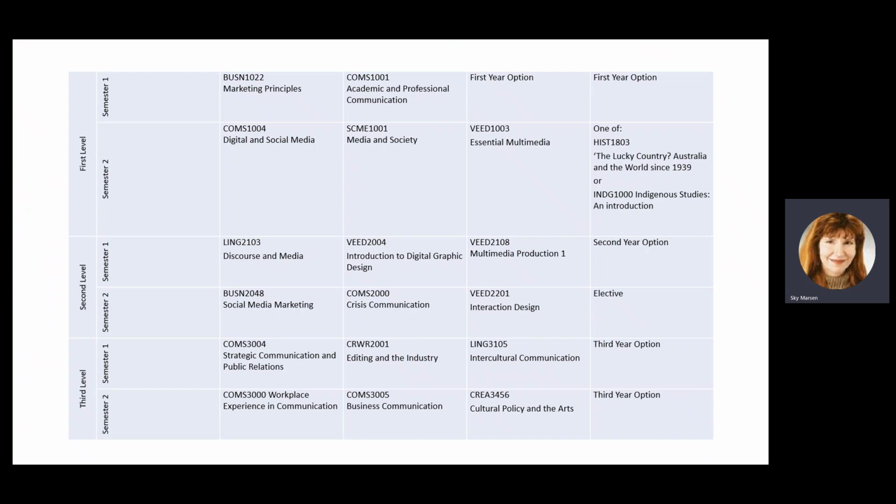Some of these topics are compulsory. We call these core topics, which means everybody has to do them in order to acquire the skills needed to be a media and communication specialist. But in each semester, you also have options. You can choose from a list of options, which you will see when you check out your study plan.